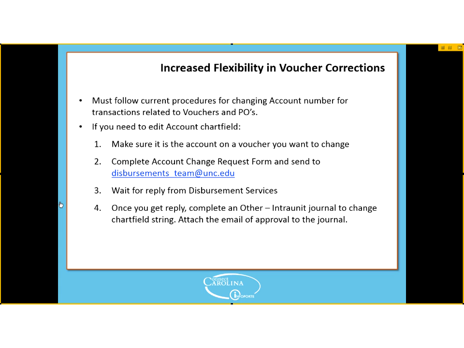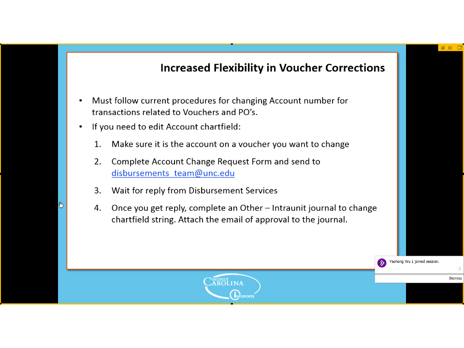And just as it is now, if you need to change or correct the account number for a transaction related to a voucher, there is a separate process for that. So instead of using a correcting JE, you would first make sure it is the account on the voucher that you want to change. Then you complete the account change request form and send that to disbursements_team@unc.edu, and you wait for a reply from Disbursement Services.